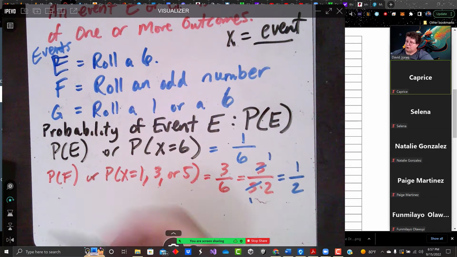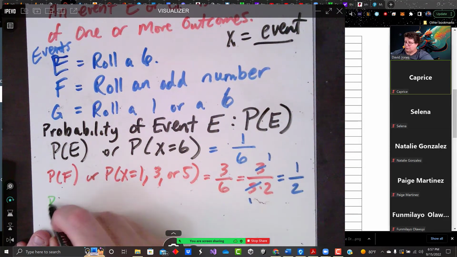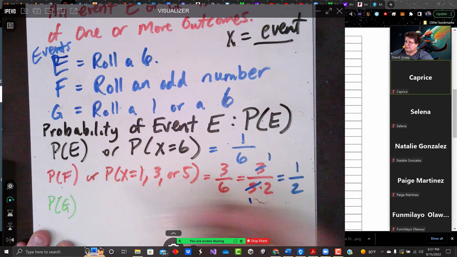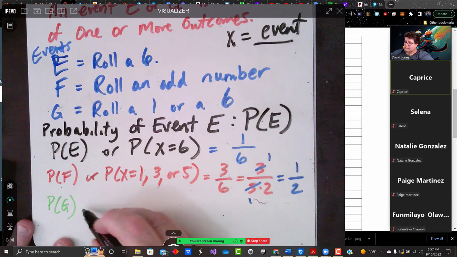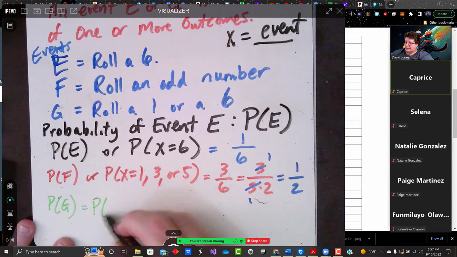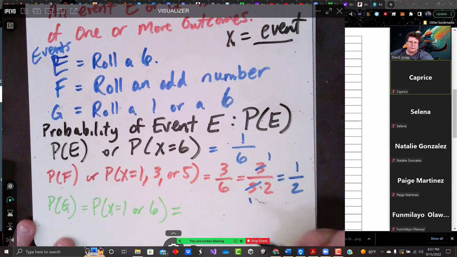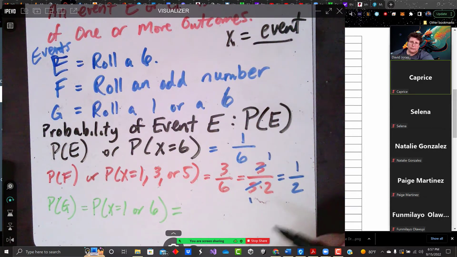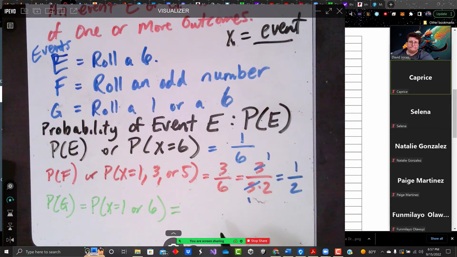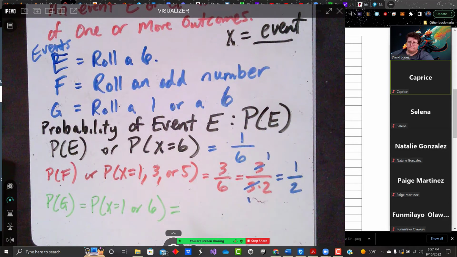And so if I were to do the probability of G, or the probability that X equals 1 or 6, how many outcomes do I have there? Wouldn't you have to add 1/6 plus 1/2? What do you mean?